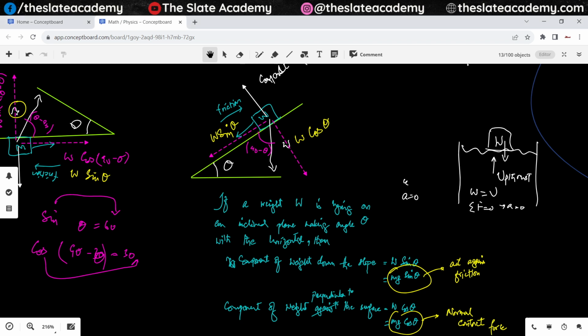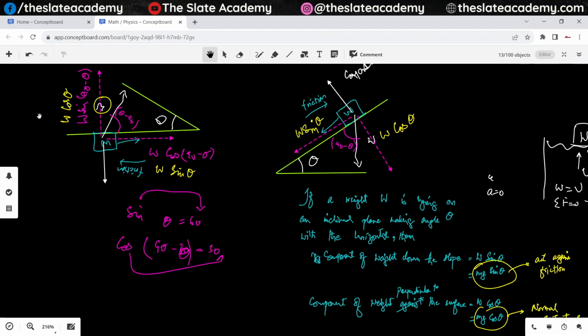Yes, I was saying that this weight, finally the conclusion is that this weight which is lying over here is doing two things. One component of it is making it slide down the surface, and that is equal to W sine theta, because we have just found out through the other diagram.